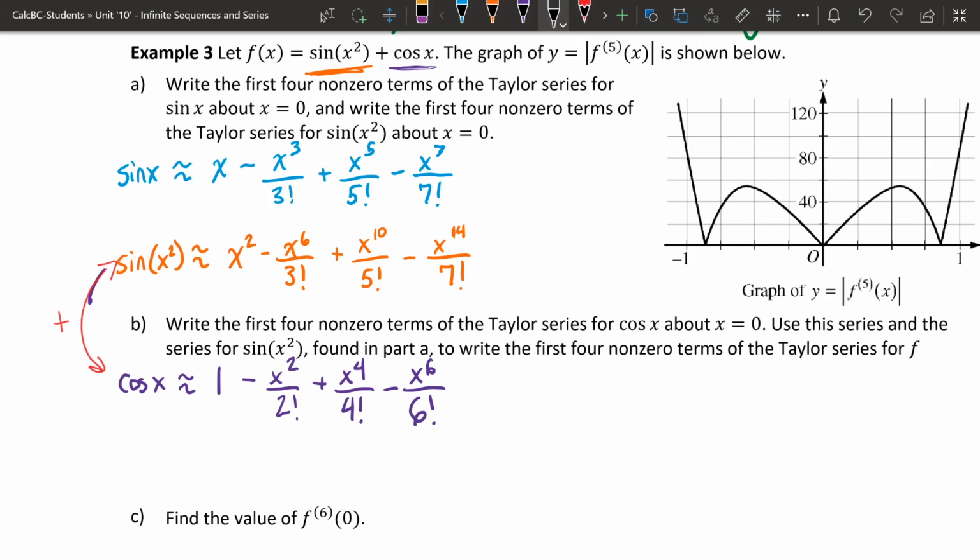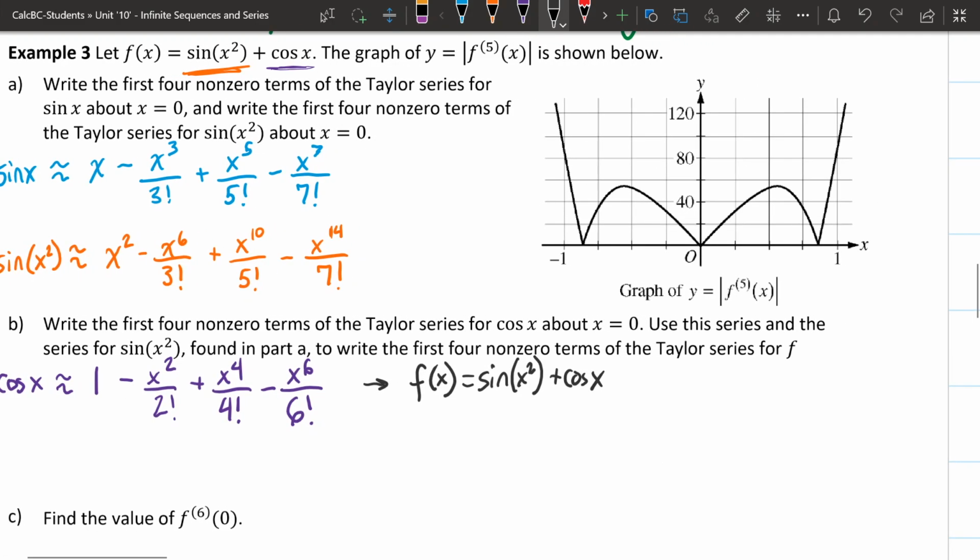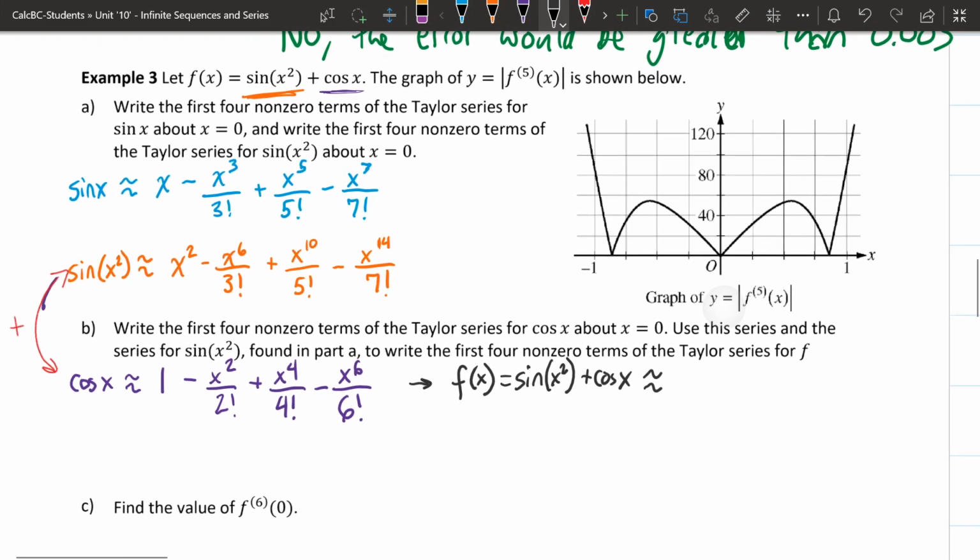All right, so our f of x, which is sine of x squared plus cosine of x, we can approximate with the sum of these two here. So if we try to do it in increasing degree order, we've got 1. We've got 2 terms with an x squared in it, so I might combine those two together, x squared and then minus x squared over 2 factorial, which is just 2.